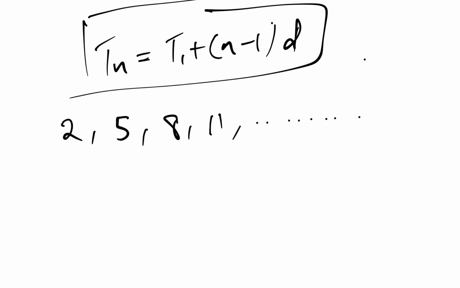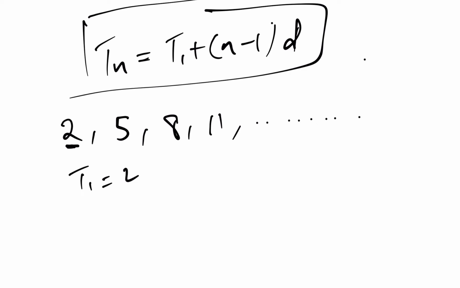Okay, so this is the first term. The 2 is the first term. We usually call this term T1, the first term. So the first term is 2. But then the denotation doesn't matter. Some books will call it A1. So A1 is equal to 2. So basically it just means the first term.